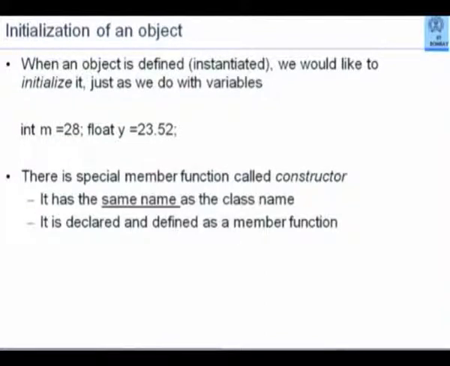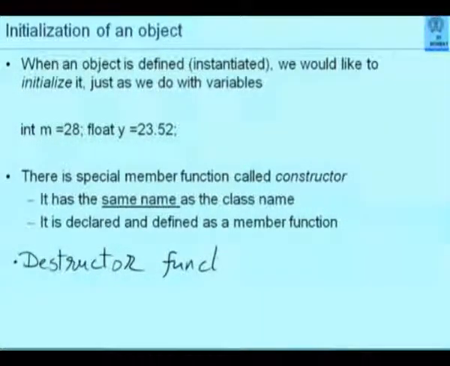There is a corresponding function which is the opposite of the constructor function. What is the opposite of construction? Destruction. So, there is a destructor function, and the destructor function has the same name as this function name preceded by a tilde. So, in case of an employee, the constructor function will be called employee, and the destructor function will be called tilde employee.